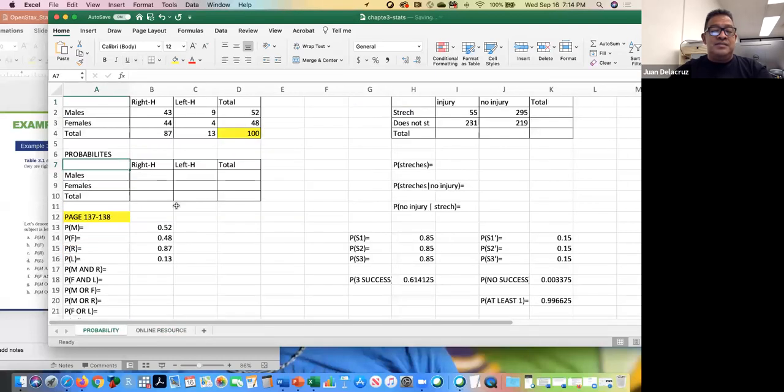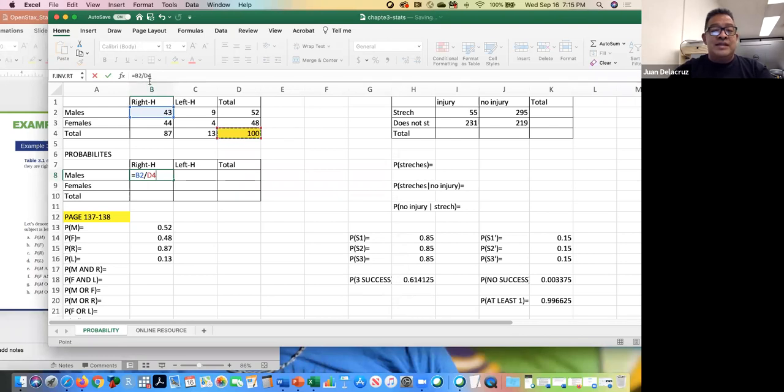I was using 10 seconds because I said the probability of a right-handed male is going to be the male divided by the sample size, right?